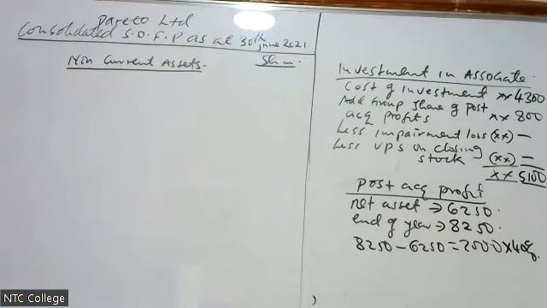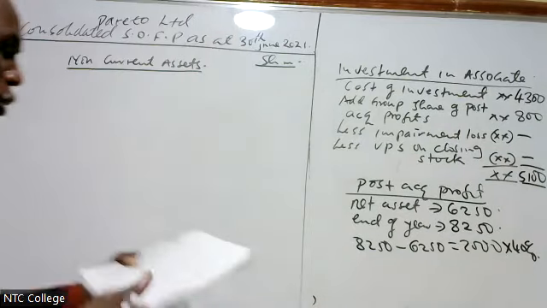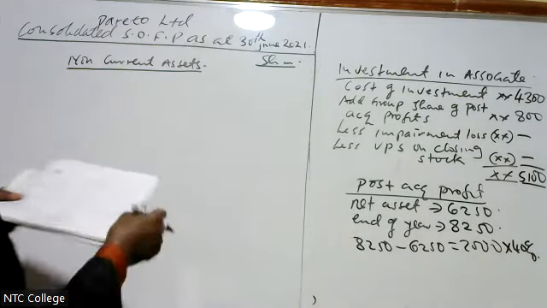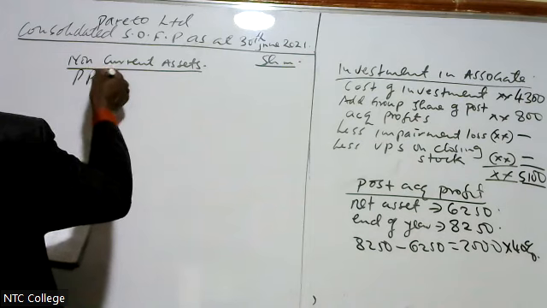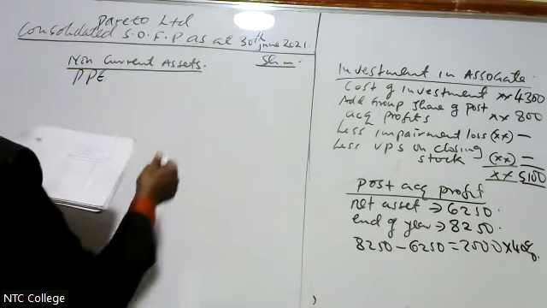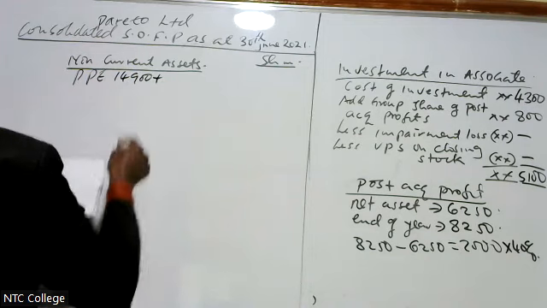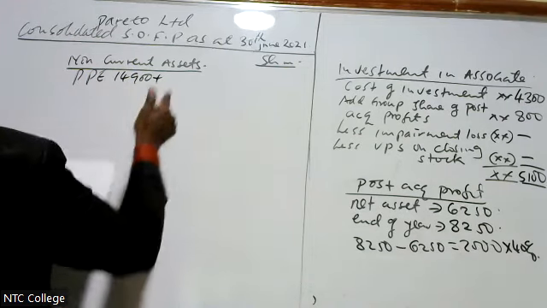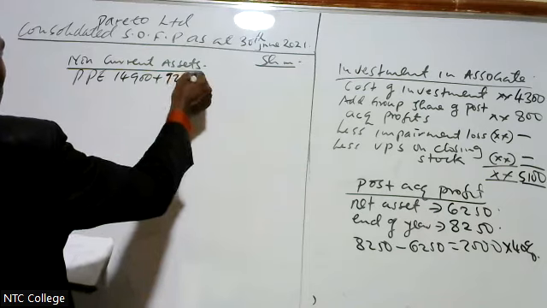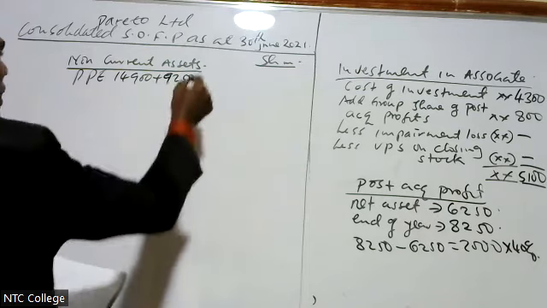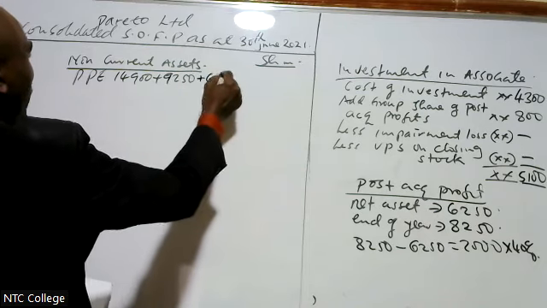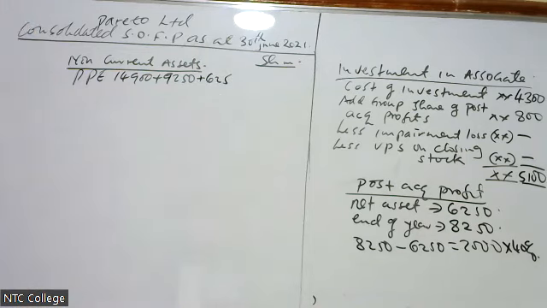Now we are going to consolidate Pareto PPE. PPE, I'm going to take 14,900 plus the PPE of 9250, plus 625 fair value adjustment.